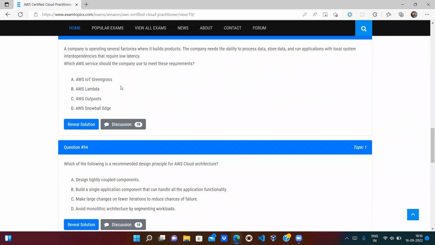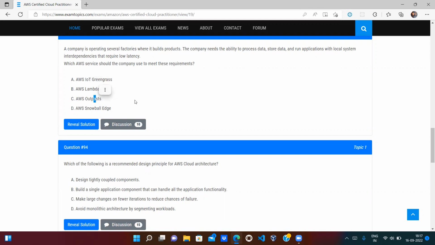Lambda is wrong because it can't be used on factories. On factories, it should be some kind of sensors or a Snowball. With Snowball we can store the data and transfer it to AWS later on, but we want to process the data as soon as possible. So IoT looks good to me.